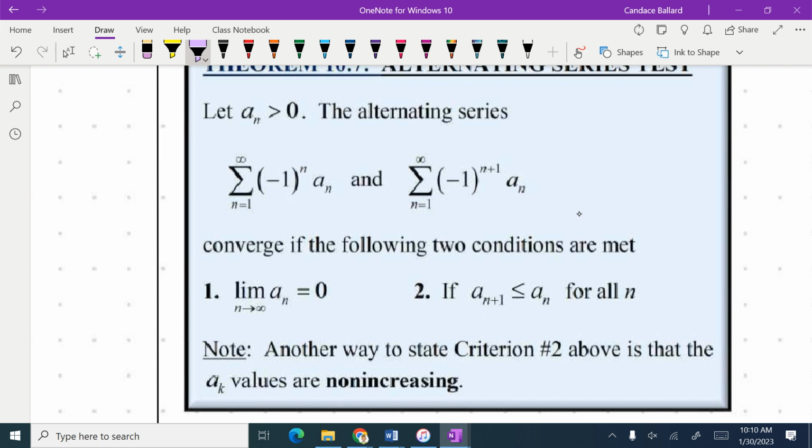The limit as n approaches infinity of a sub n equals 0, so you have to have that limit equal to 0. And the terms have to, what do you think this means? It says down here, non-increasing. What does that really mean? This is talking about the terms decreasing. There are a couple of ways that we can prove that.